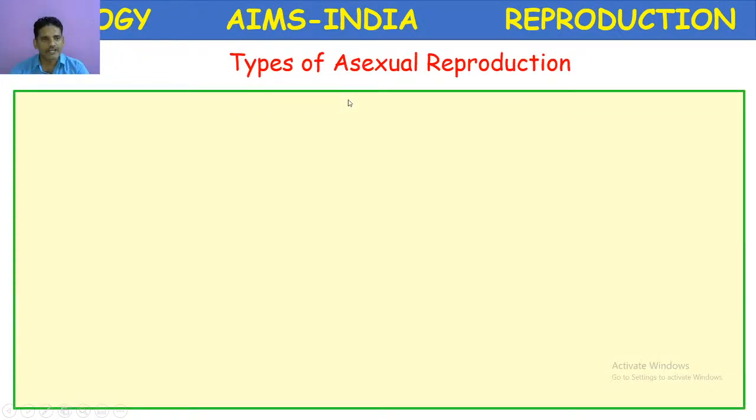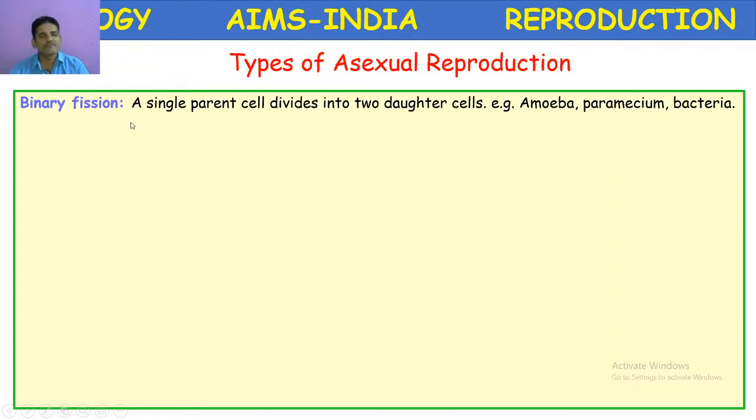Types of asexual reproduction. First, binary fission. Binary fission is a kind of asexual reproduction which involves a single parent where the cell divides into two daughter cells.